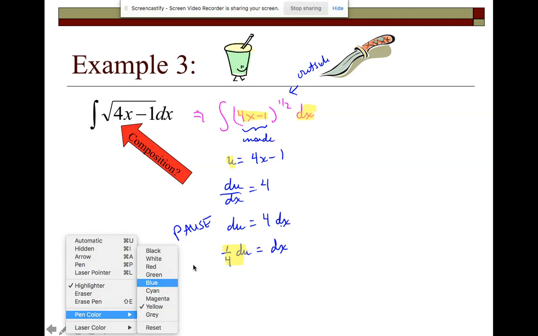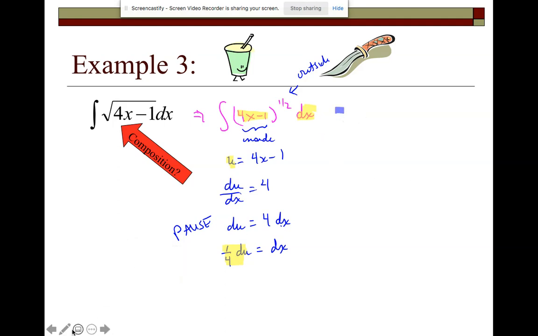So now I'm going to do my substitution. And I'm going to integrate 4x minus 1 is equal to u. The outside function was not highlighted. And dx is equal to 1/4 du.